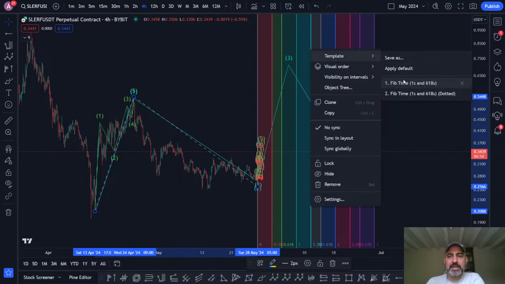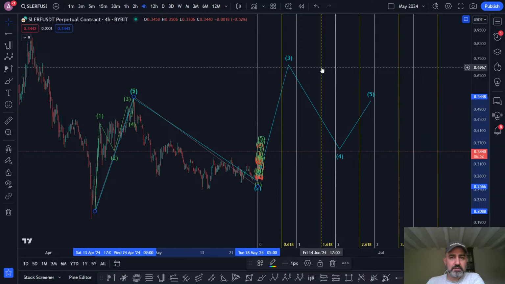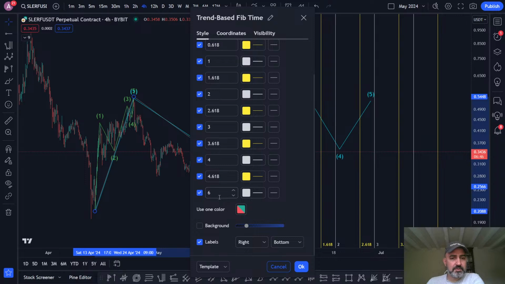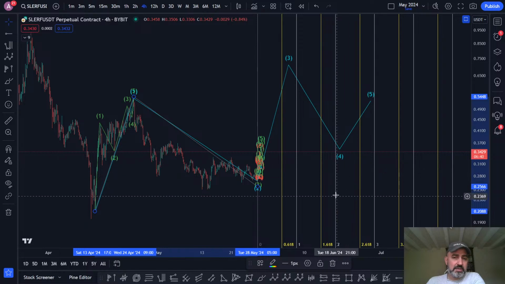The ones that I use are the 618s and the whole numbers all the way up. That's a 6, I'm going to say 6, 5. It doesn't matter, you can mix and match. But that's what you're looking for: the 618s and the whole numbers.